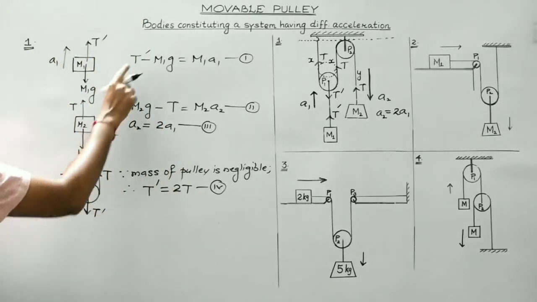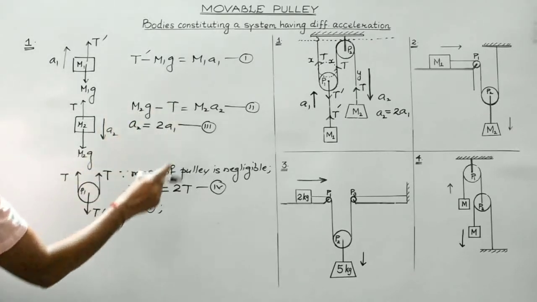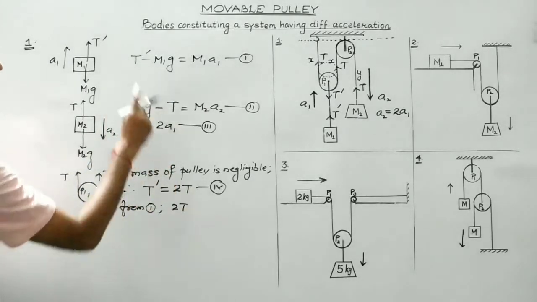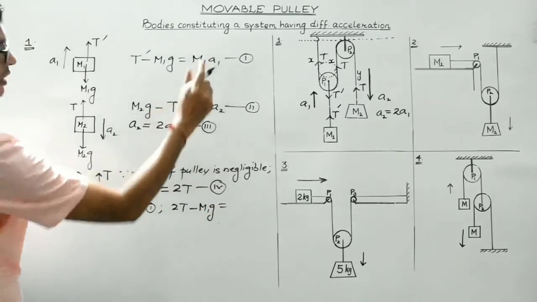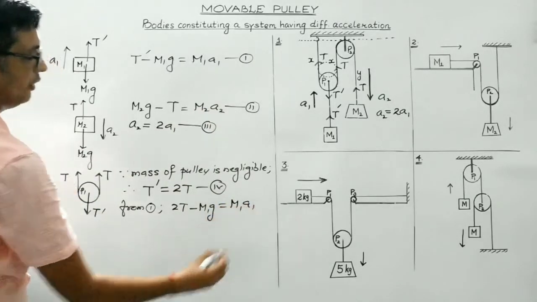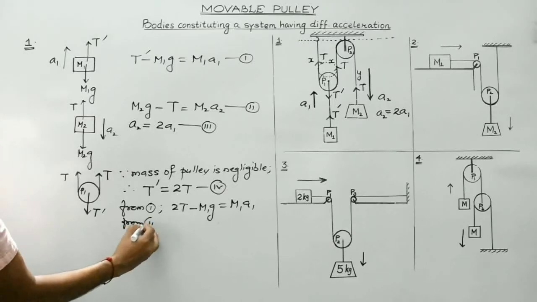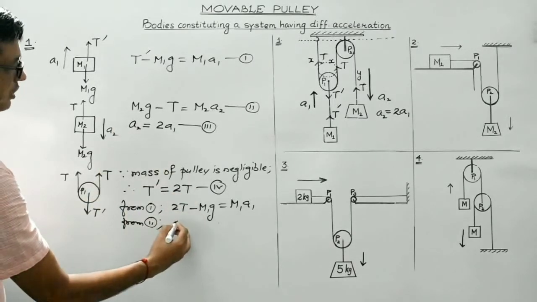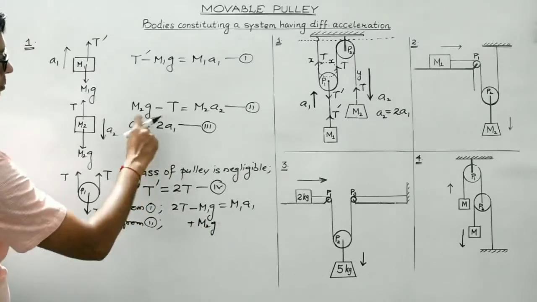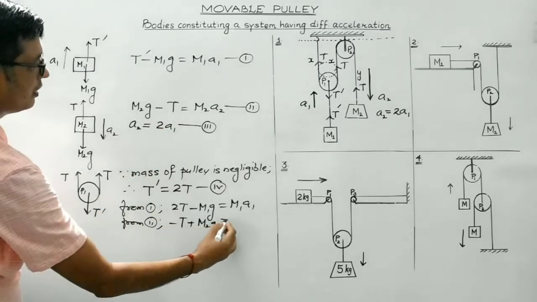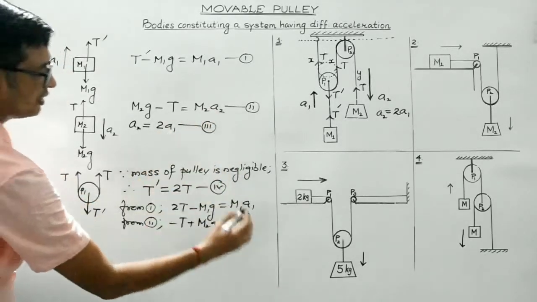Let's consider this one. From first, what we get is T dash, it can be written as twice T minus M1G is equal to M1A1, right? Now consider equation 2. From second, what we get is M2G minus T is equal to M2, and in place of A2 you can write twice A1.